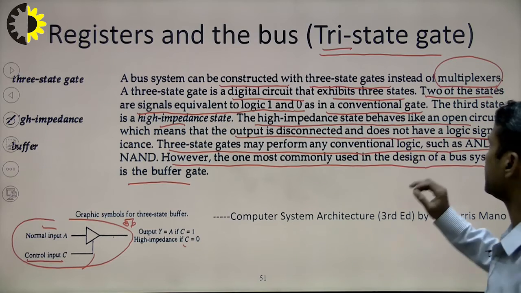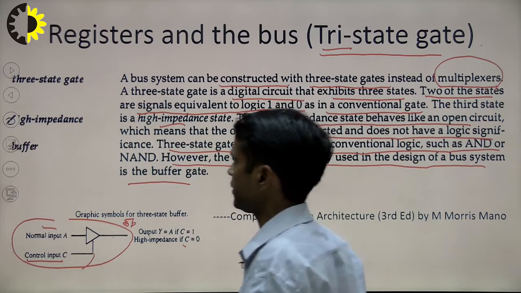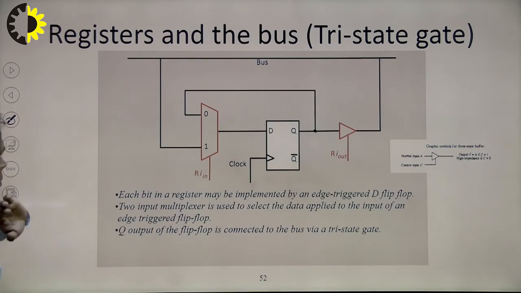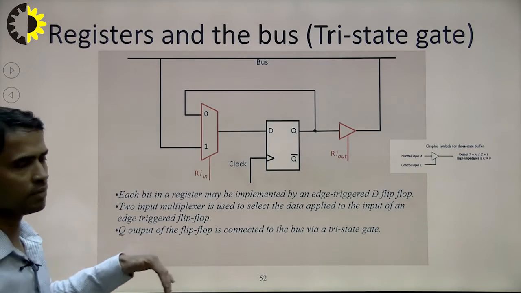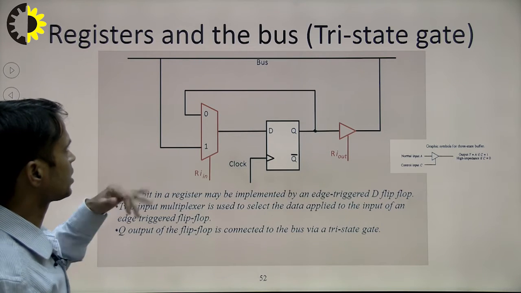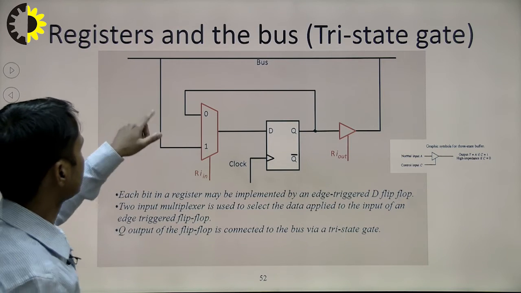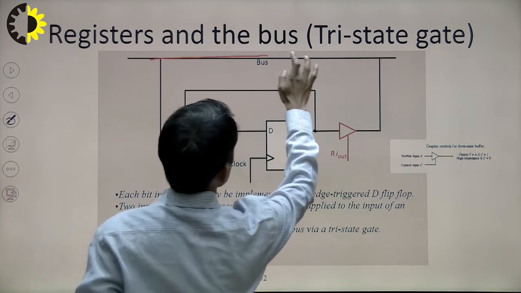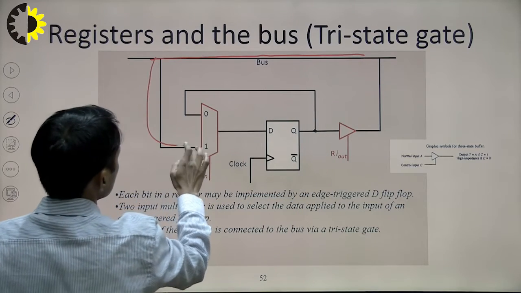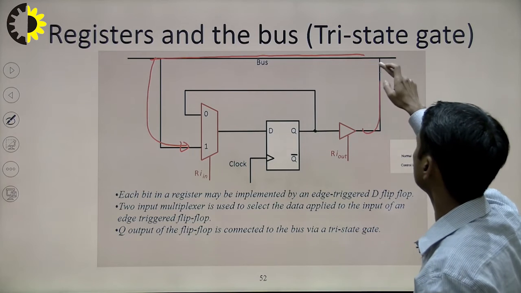So, basically it will act as a design of register to bus transfer operation or bus to register transfer. Now, how is this being implemented? There is a bus and there is an input from the bus to this particular implementation, and there is an output to the bus.